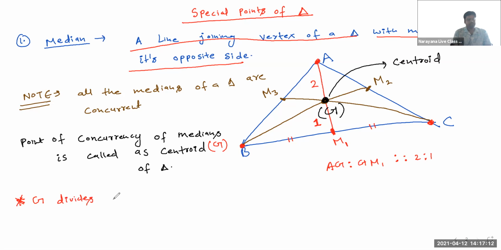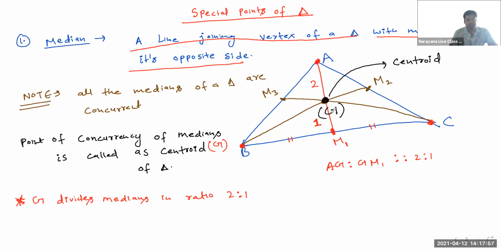The centroid G divides the median. AM1 is a median, so G divides the median. You can say the centroid divides medians in the ratio 2:1, in which 2 is towards the vertex and 1 is towards the midpoint of the side.